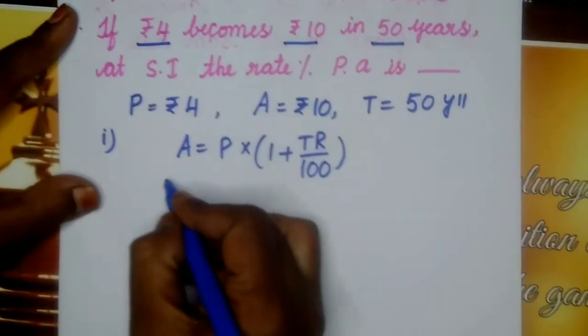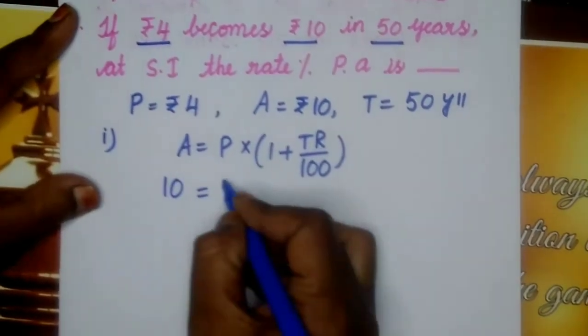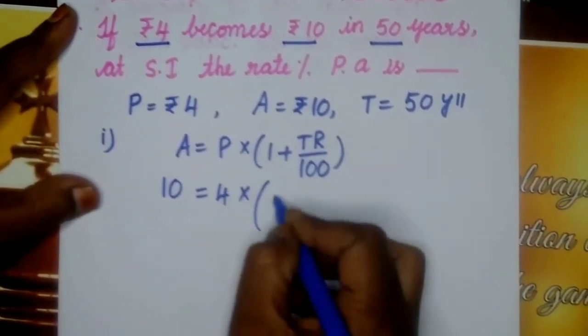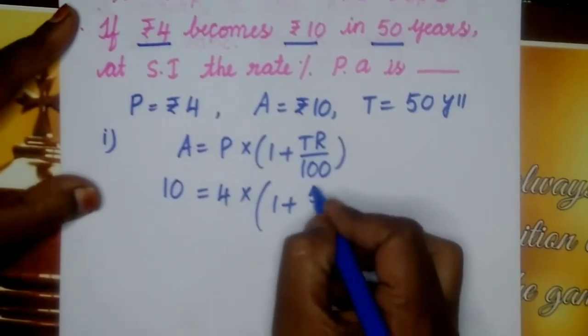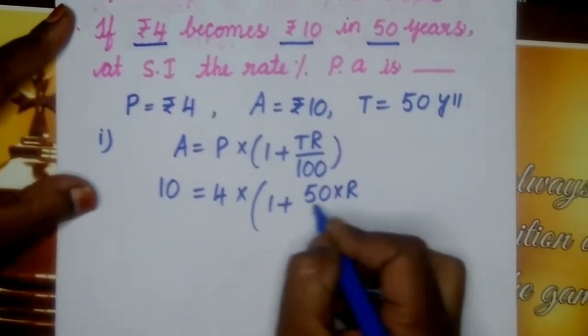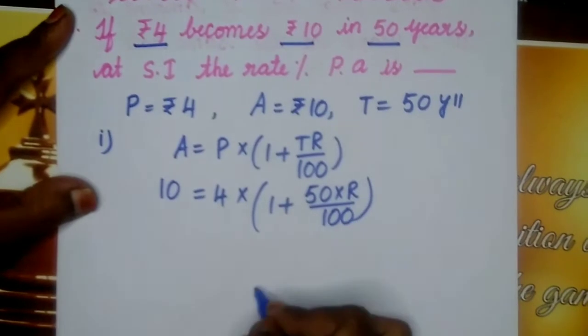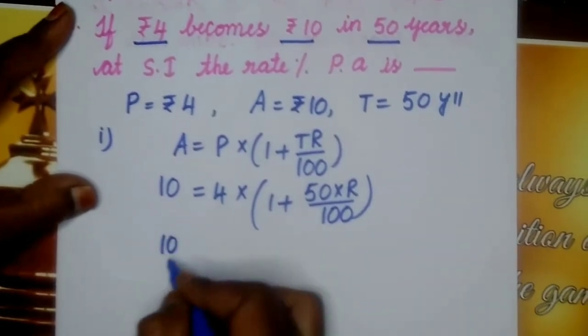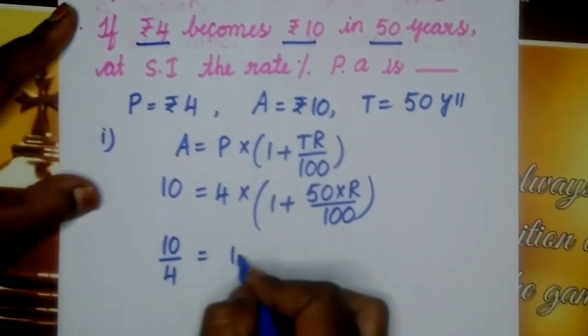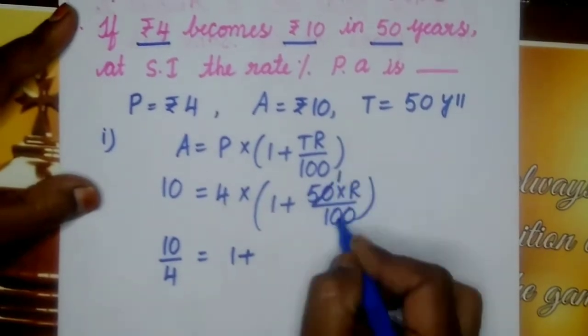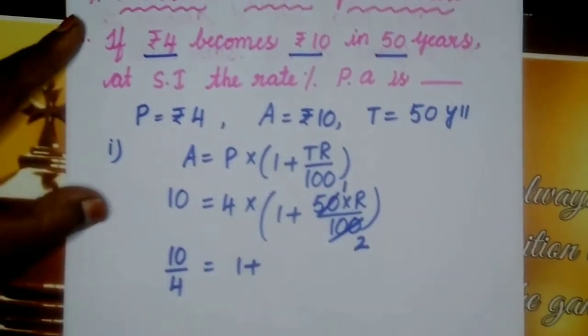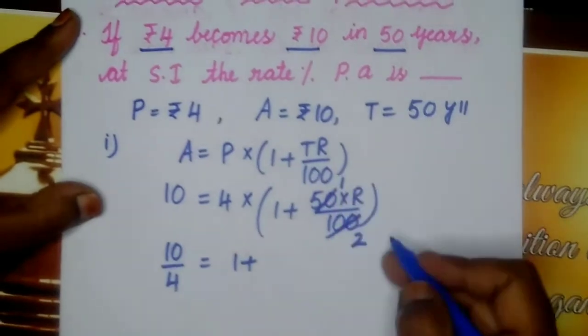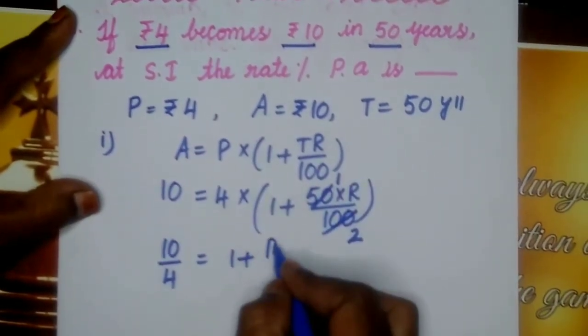So A is 10, which is equal to P, 4, into (1 plus T, the time, 50, into R by 100). Now 10 by 4 equals 1 plus, 50 and 100 cancel, 50 twos are 100, so 1 plus R by 2.